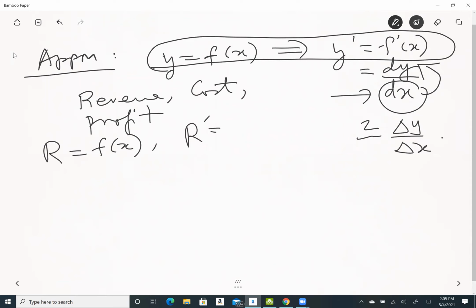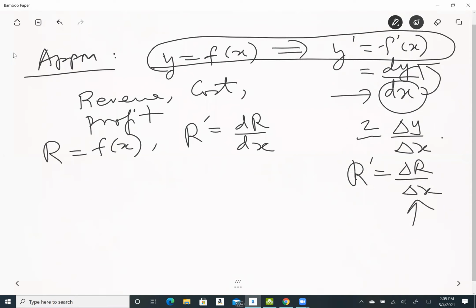It's r prime equal to dr dx. Okay. Now, if you recall, in the linear function, r prime equal to delta r over delta x. Now, what do we call this? The change in revenue for a unit change in x.